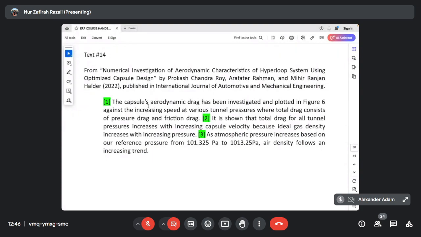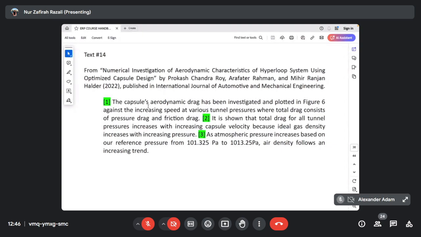Your partner next to you, what's the name? N. Okay, N. What's the nominal phrase here, N? The statement, the sentence, right? Yeah, the first sentence. What's the nominal phrase? Yeah? Total drag. Total drag consists of pressure drag and friction drag. Okay. Thanks, N.